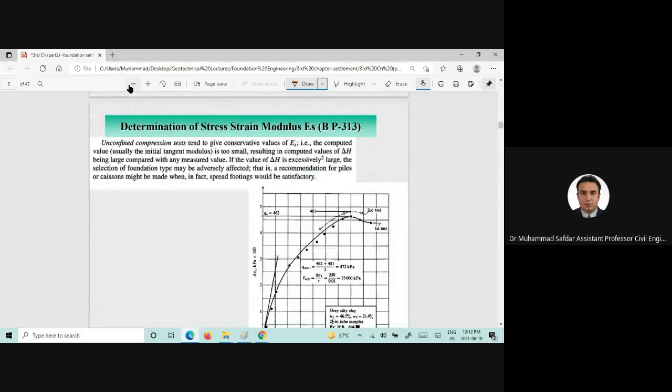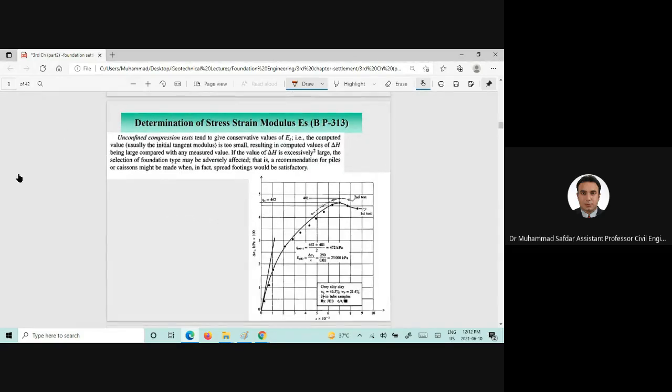Here it's shown that if we perform an unconfined compression test, then you will plot the stress and strain, and you will get the stress strain behavior, those points, so you will join them.